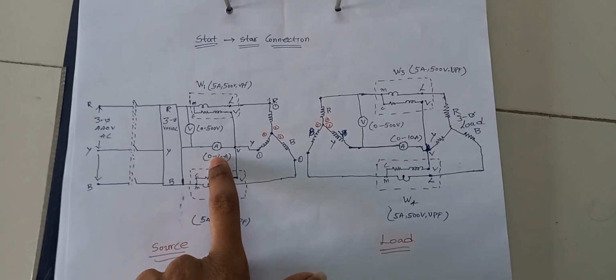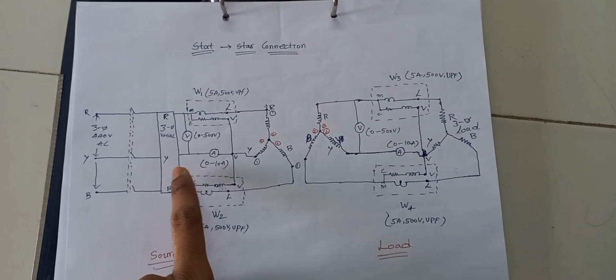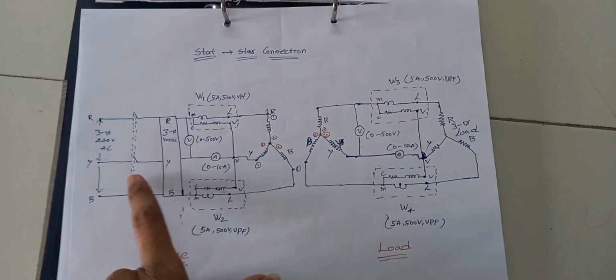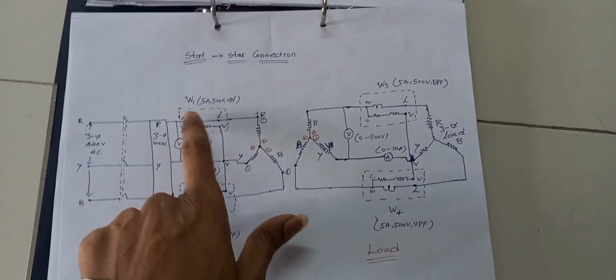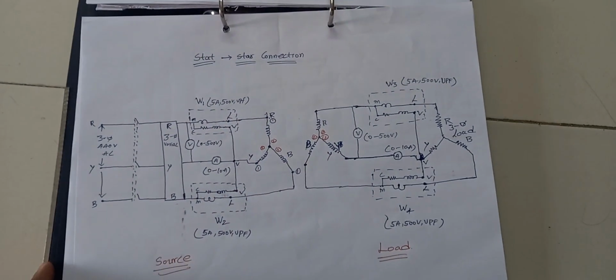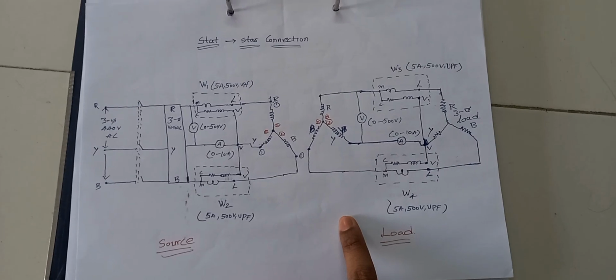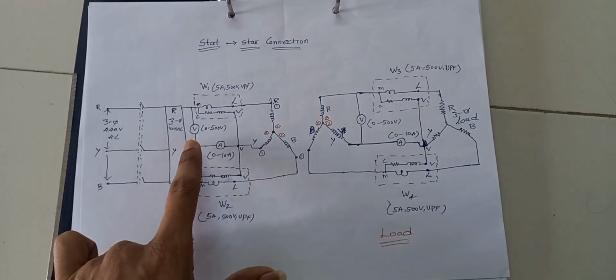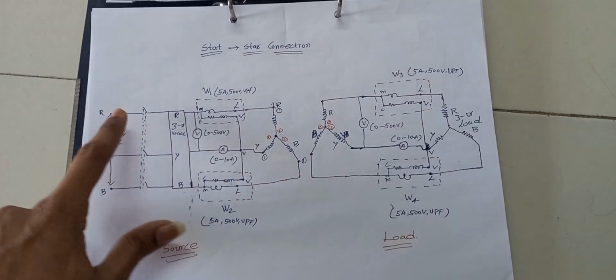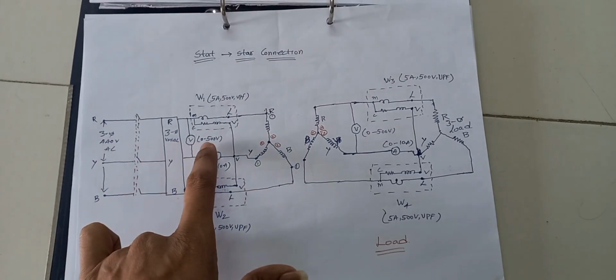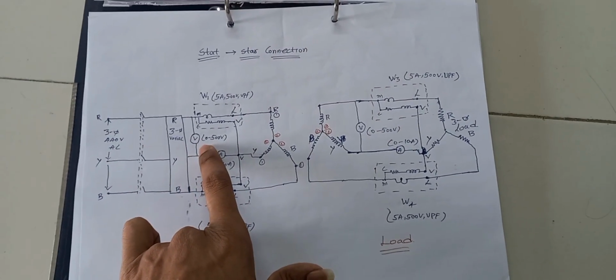Okay, this ammeter is useful to measure the current in the Y phase. So this is a star to star connection, and this one is a balanced type of connection. That's why we are measuring in between 2 lines, 2 phases. We are getting line voltage, no?